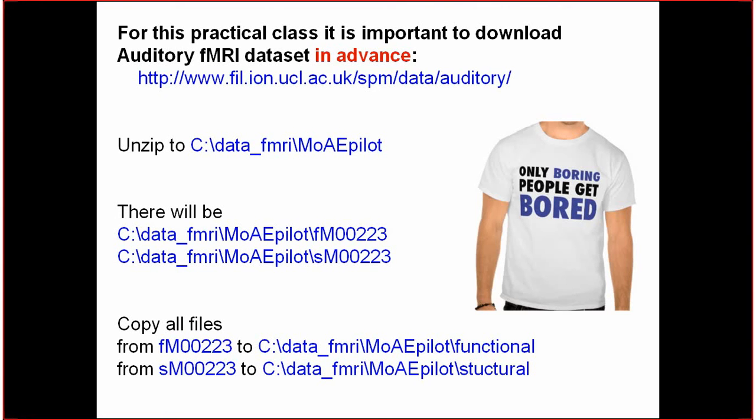After unpacking, you will see that there are two subdirectories, F and S1. F stands for functional, S stands for structural. And in addition to this, you create your own directories, functional and structural, and copy all the files from respective folders to the new ones.